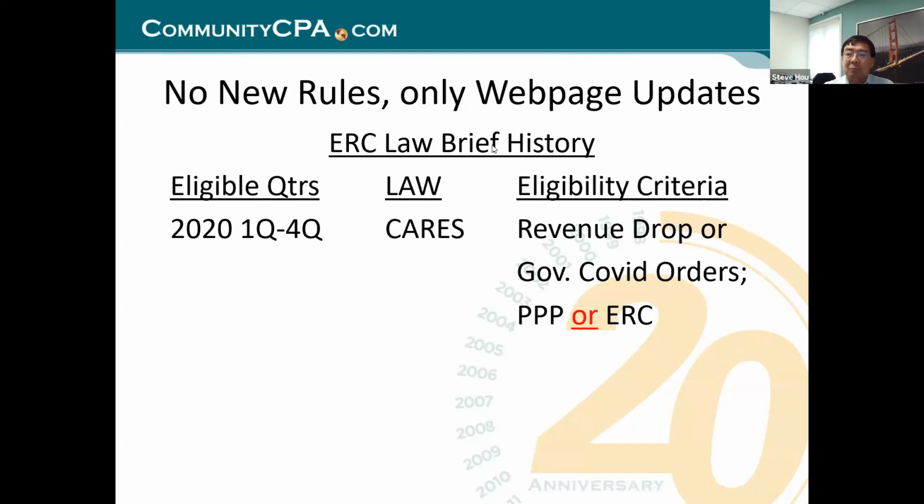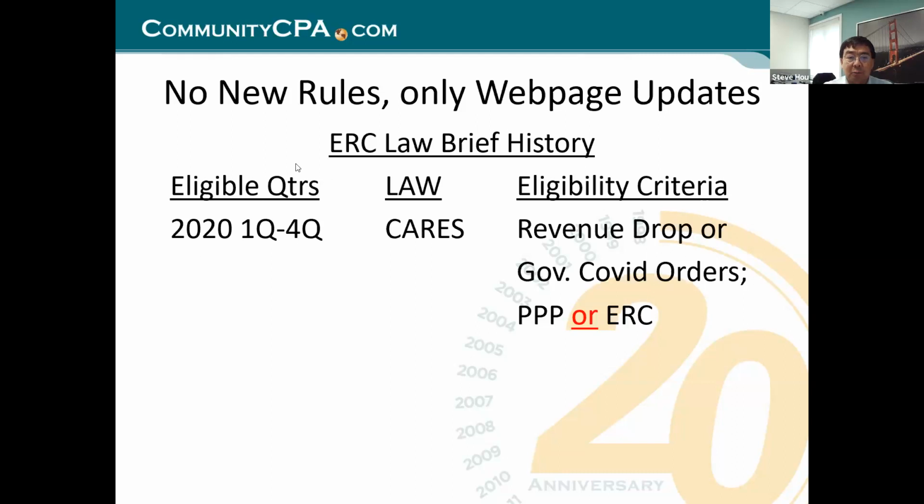All right, so let's quickly summarize the laws related to ERC. The first law regarding ERC is the CARES Act. That was a law passed in March of 2020, shortly after the coronavirus pandemic started in the U.S. In the CARES Act, the ERC was introduced.